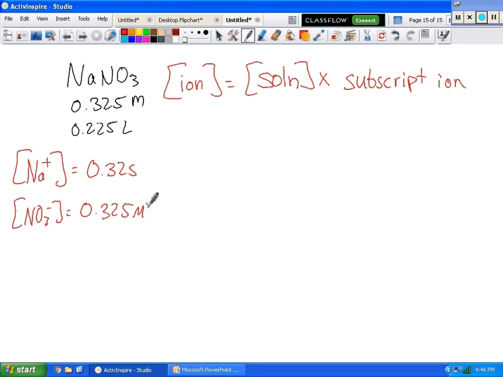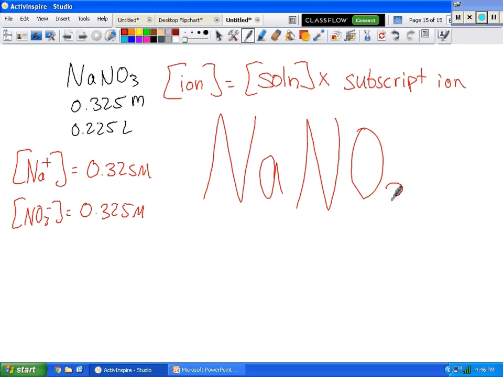No, there's no splitting. Well, let me ask you this. In your math, you're wanting to add these two numbers to get the total. But if I have NaNO3, for every NaNO3, how many Na must I have? 1. How many NO3 must I have? 1.